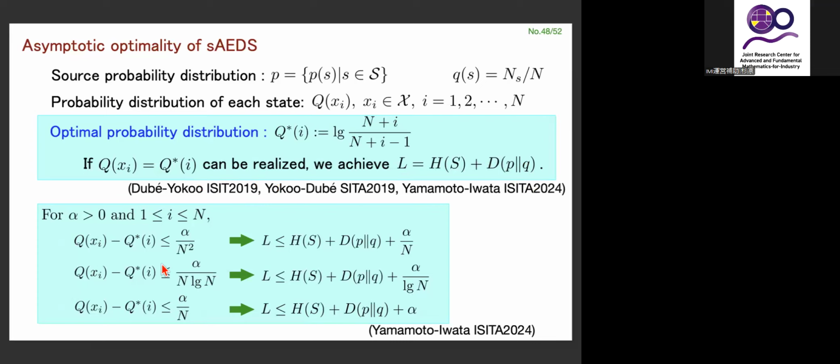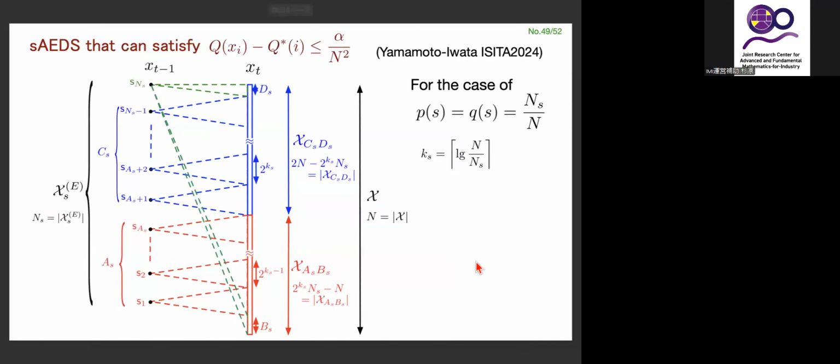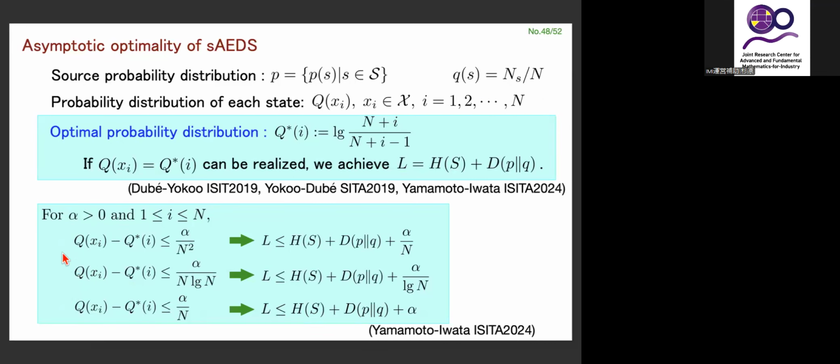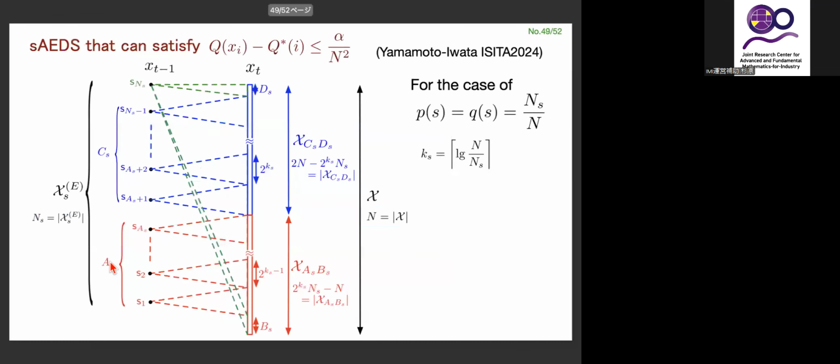Furthermore, we treat the case of finite N, and if Q_i are bounded like this, then average code length is bounded by this upper bound. And we show that this relation can actually be realized by constructing the SAEDS in this way.